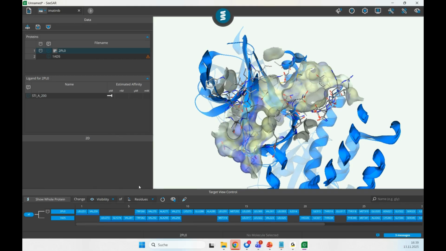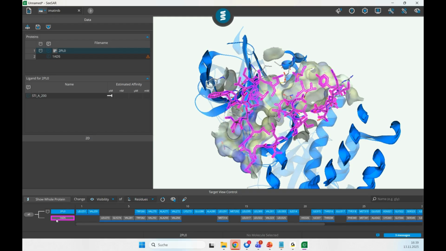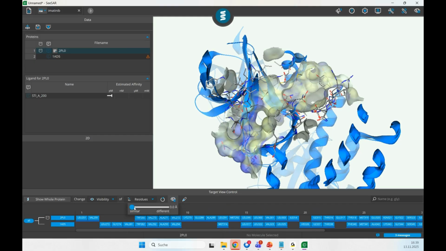So what we can do now, we can also turn off the visibility of all residues. And what we can do, or turn on, sorry. And what we can do now is using this particular feature, hide components with similar conformations. And then we can increase this particular setting to hide similar residue sidechains.